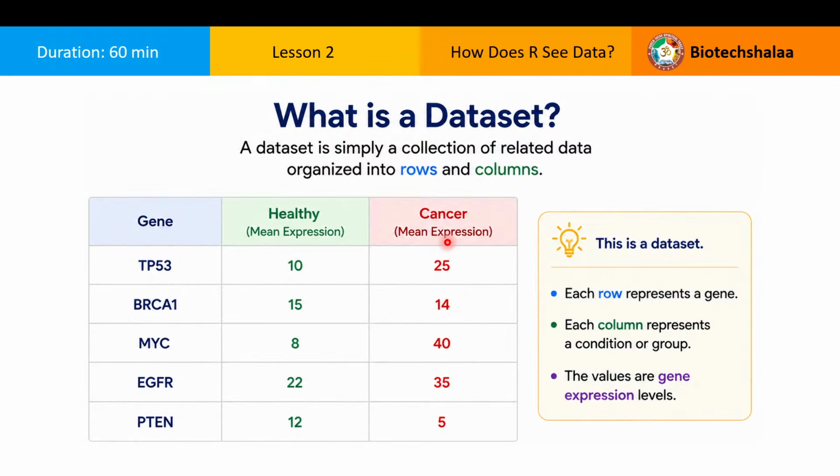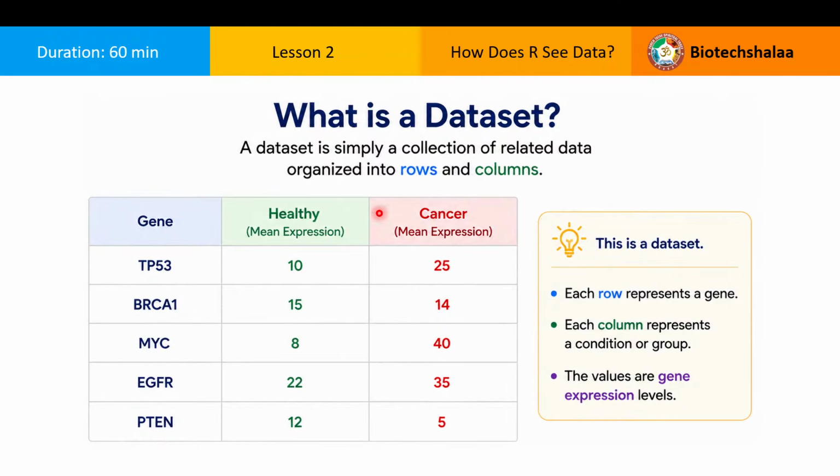That's it. Notice that everything is arranged in rows and columns, right? Here we have rows and here we have these three columns. A computer loves this format. Why? Because it is organized.